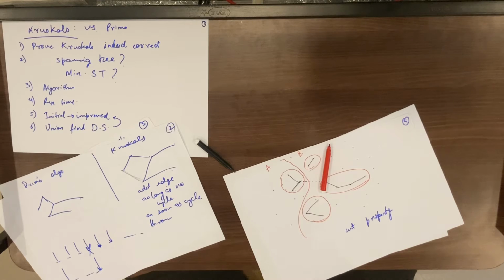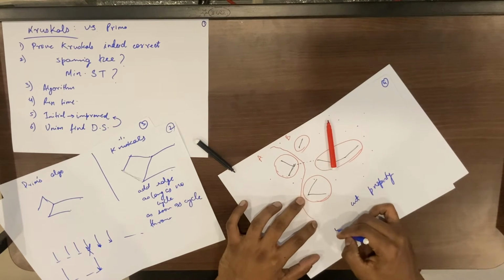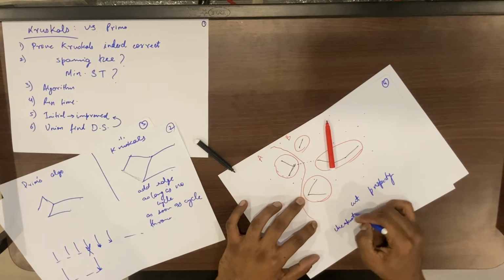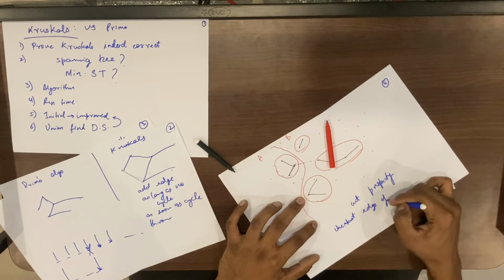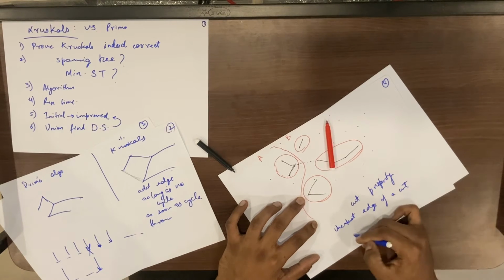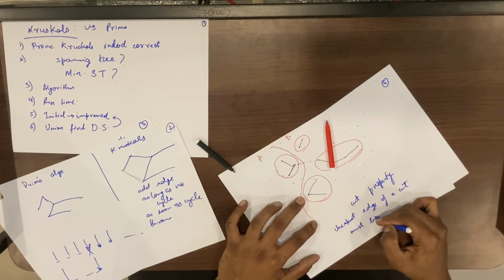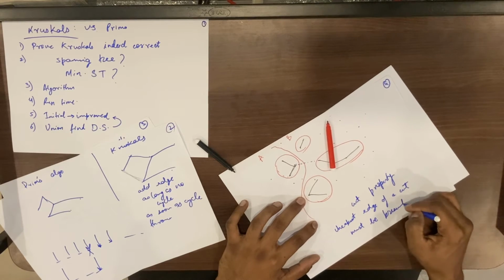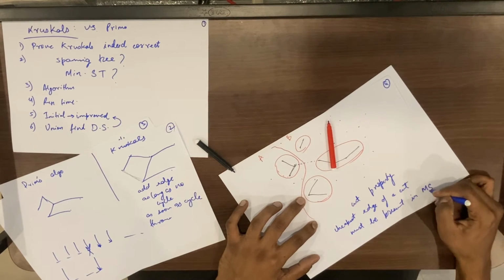Think about it for a second. The cheapest edge of a cut must be present in the MST.